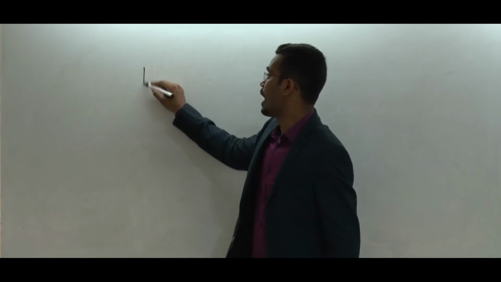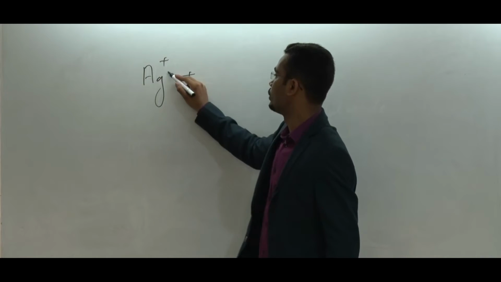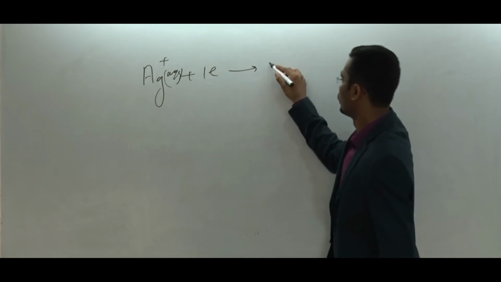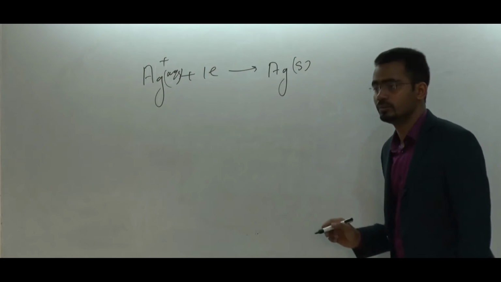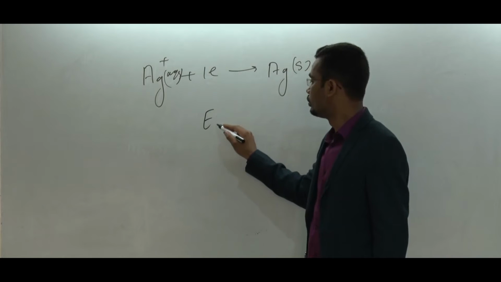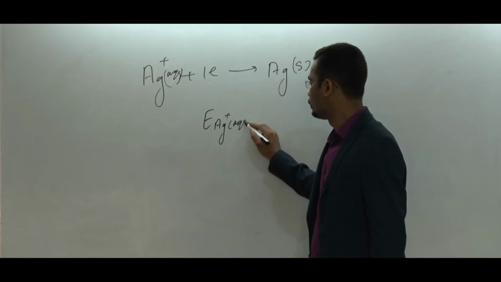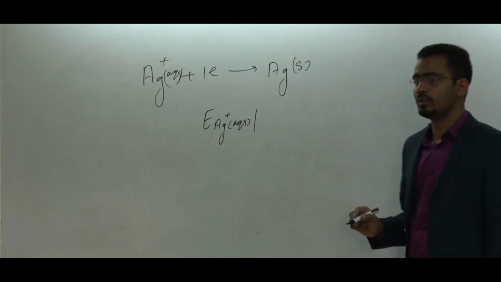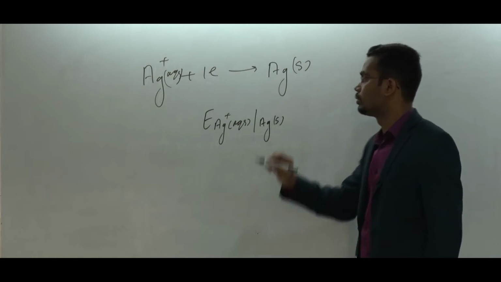Cathode. We have Ag+ aqueous plus 1 electron, which converts to Ag solid. So how do you represent this electrode? Ag+ with a straight line, Ag solid. You have to write the phase of Ag+, then give the vertical line to distinguish the phase, and then Ag solid.